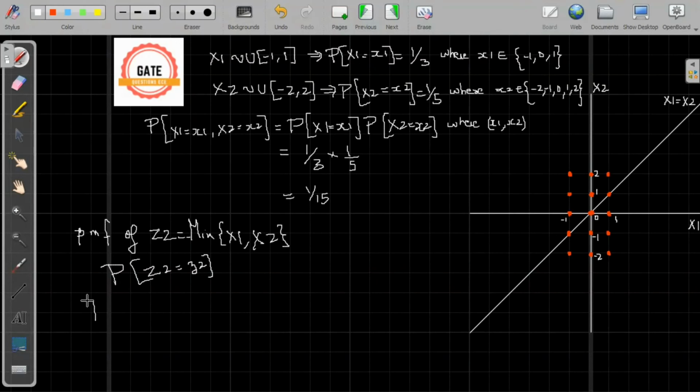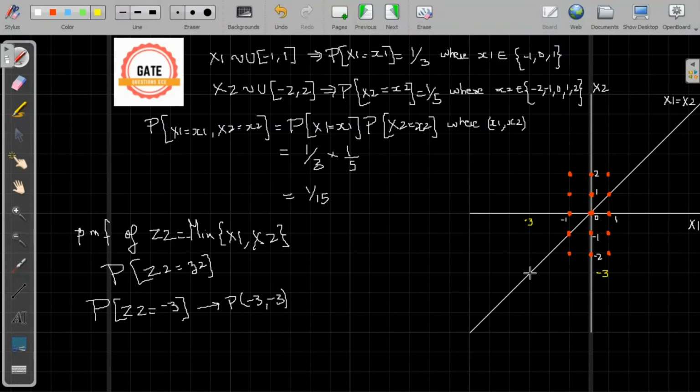For example, let's begin with the case probability Z2 is equal to -3. In this case, the corresponding boundary for the minimum function will have its corner point P at (-3, -3). On the x2 axis here it is -3 and on the x1 axis here it is -3.